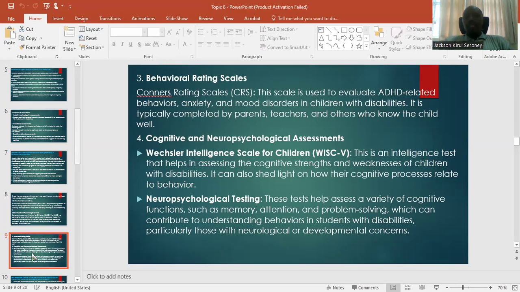It is used to evaluate ADHD. Then we have cognitive and neuropsychological assessment, like the Wechsler Intelligence Scale for Children, which helps in assessing the cognitive strengths and weaknesses of children with disabilities. Then we have neuropsychological testing, which assesses a variety of brain functions like memory, attention, and problem solving.